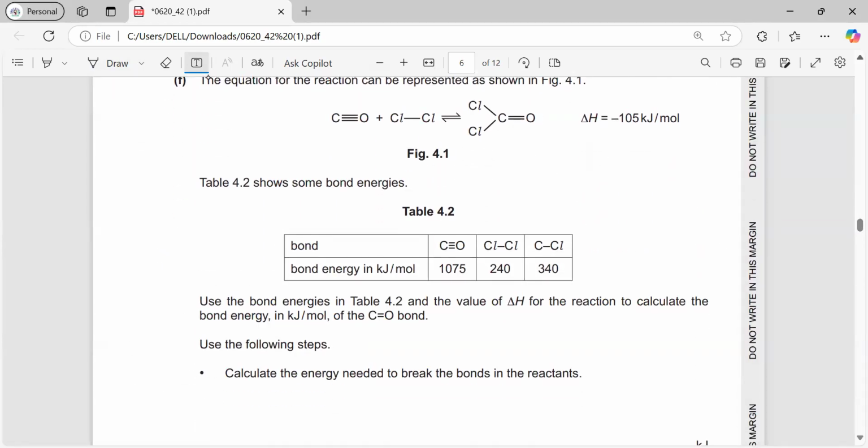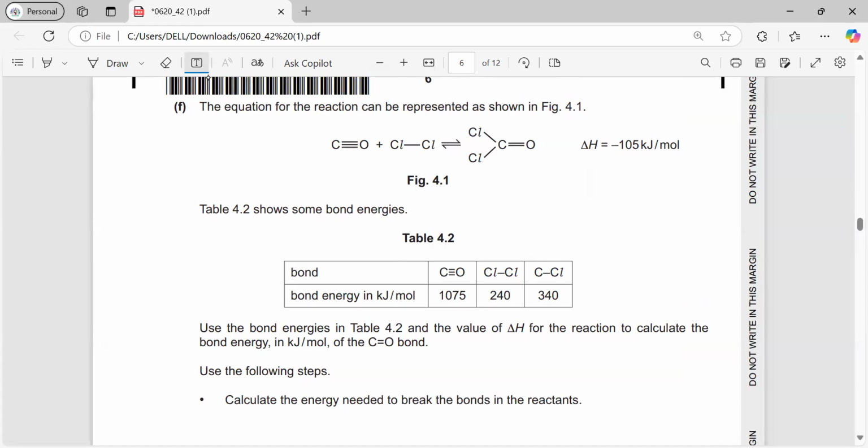Next question. The equation for the reaction can be represented as shown. This is the same equation: carbon monoxide is reacting with chlorine to form carbonyl chloride, and the delta H is minus 105. And the bond energies are also given to us.